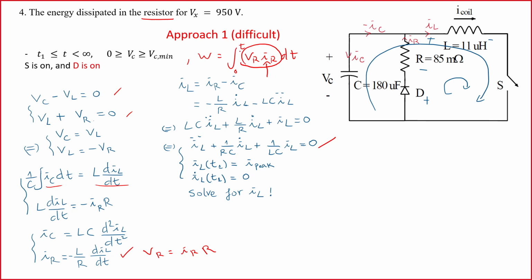And T here, because we need to calculate the amount of energy dissipated, T here approaches infinity. Yeah, this is the bottom-up approach.